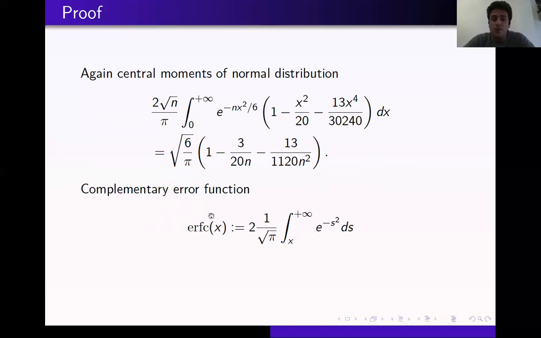To do so, let me recall that the complementary error function is 2 over square root of pi times the integral from x to infinity of e to the minus s squared ds. This can be upper bounded by e to the minus x squared for every non-negative x.